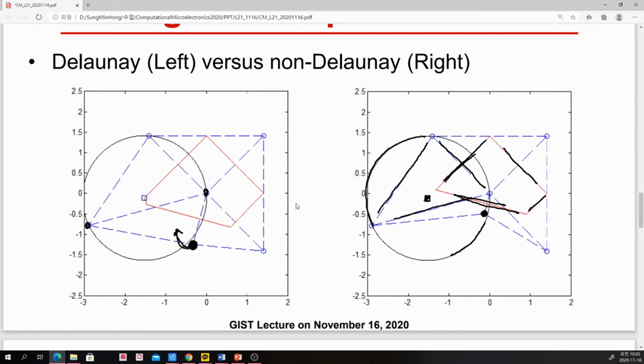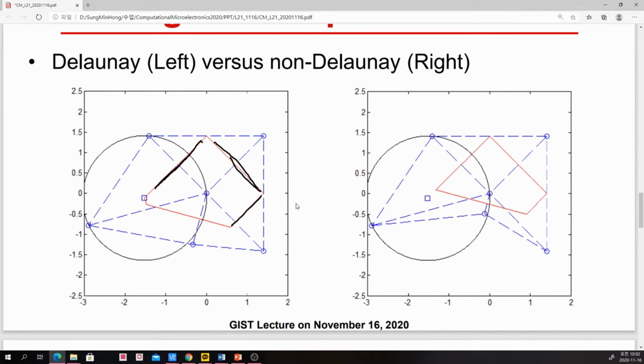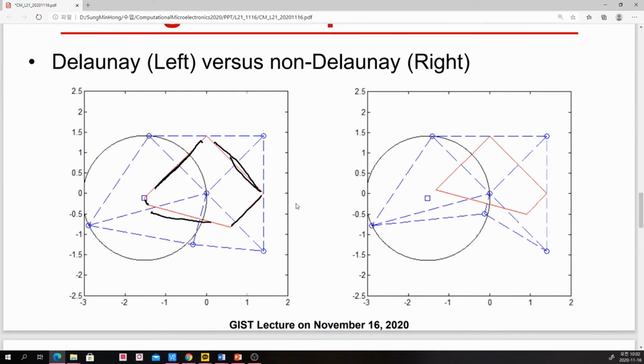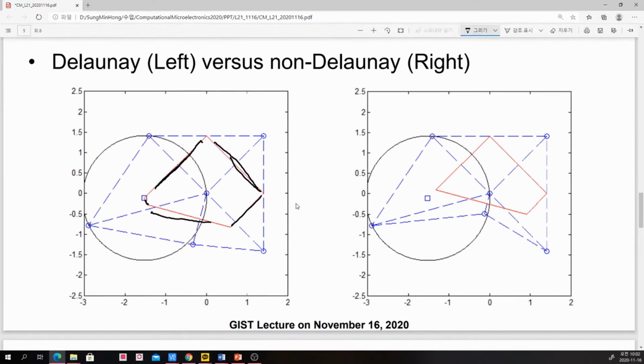When you calculate the Voronoi volume, you can find the sides of the Voronoi volumes corresponding to each node, and that will be used for evaluating your equation.